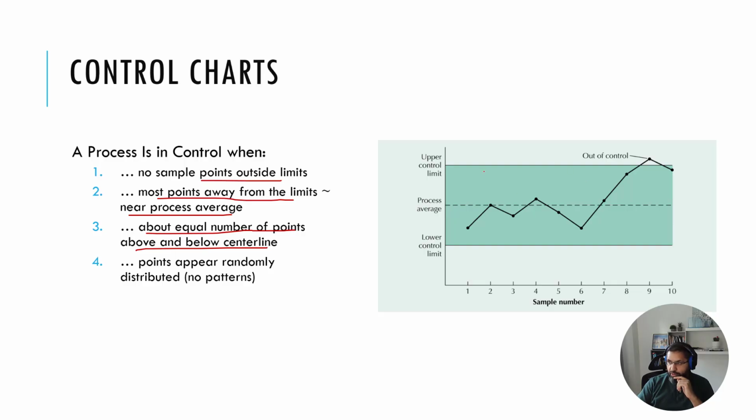So you don't just stay above the center line continuously and never drop below. It should be going up sometimes, coming down sometimes, and points should be randomly distributed. There are no patterns. A pattern like always staying below shows something fishy could be going on.